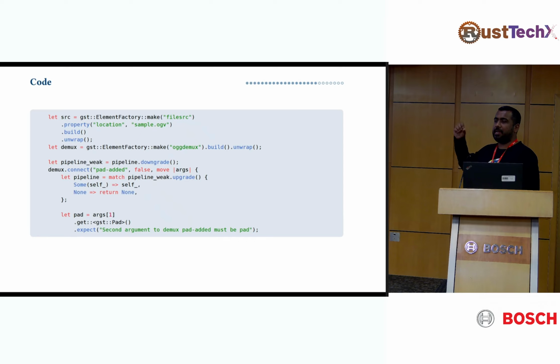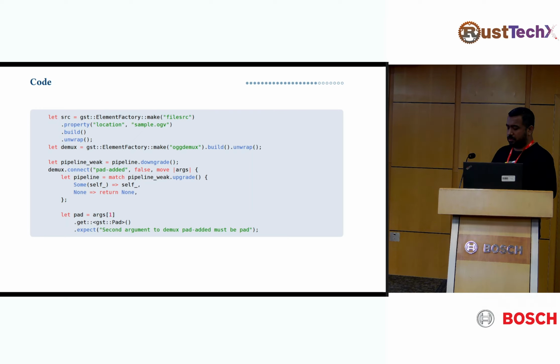So pad-added is a callback which will call your closure when the actual stream is detected. If an audio stream actually comes, or if a video stream comes, then only that closure will be called. If for some reason your demuxing operation fails, then all of that will not be called. So that closure block that now starts will only be called at runtime.